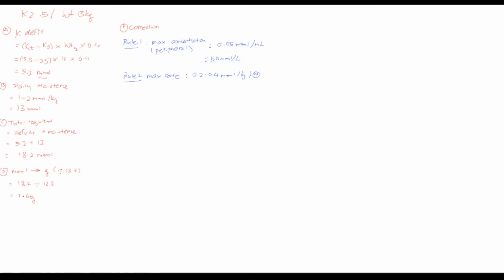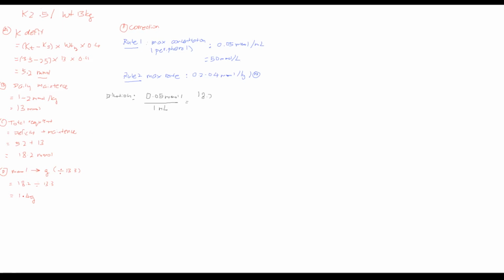So let's calculate the dilution that we'll need. How do we actually administer this potassium for this patient? We know that the maximum concentration is 0.05 millimoles per 1 milliliter. And we know that our potassium in millimoles is 18.2.